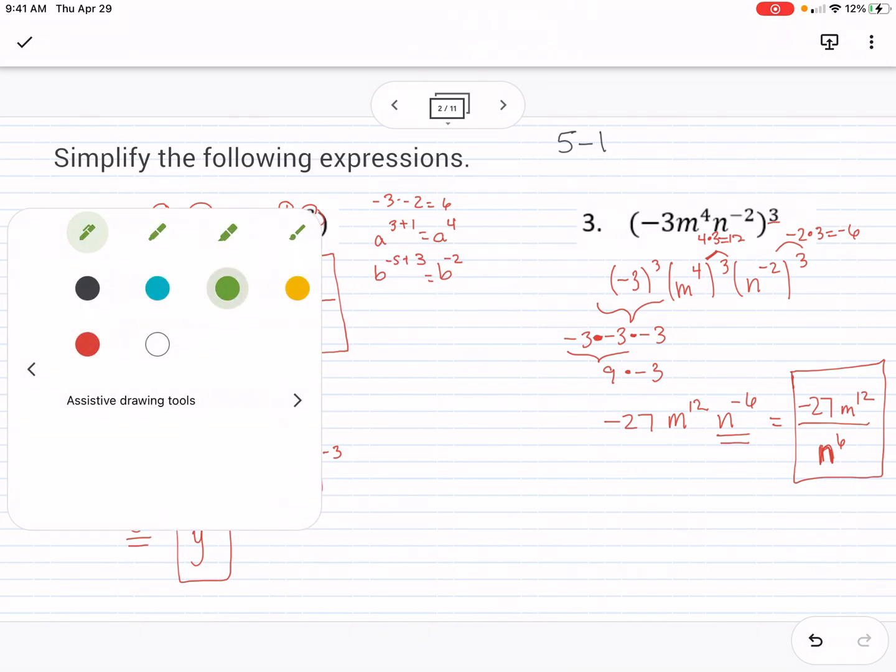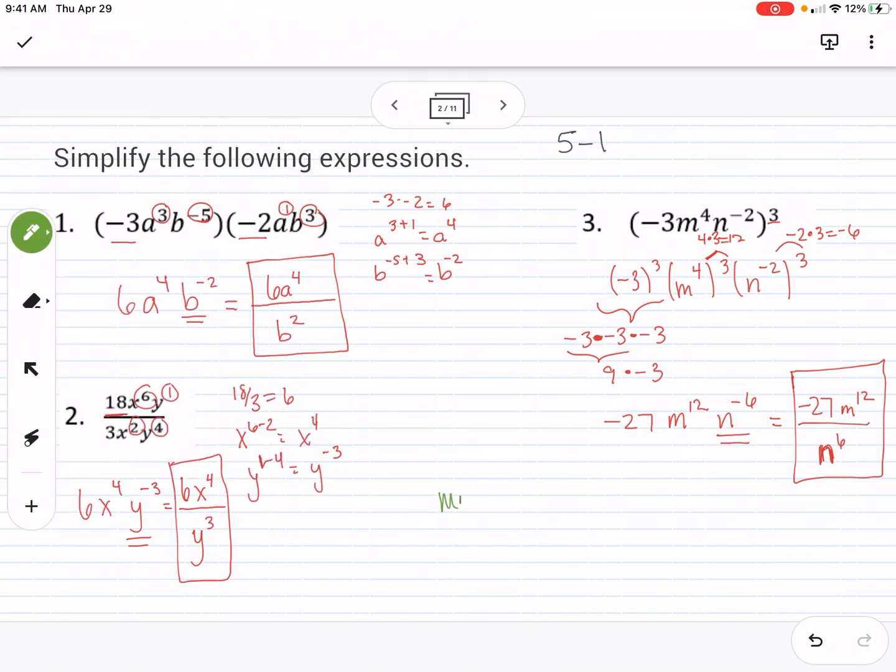So to summarize, when you multiply, you add exponents. When you divide, you subtract exponents. And when you have an exponent of an exponent, you multiply.